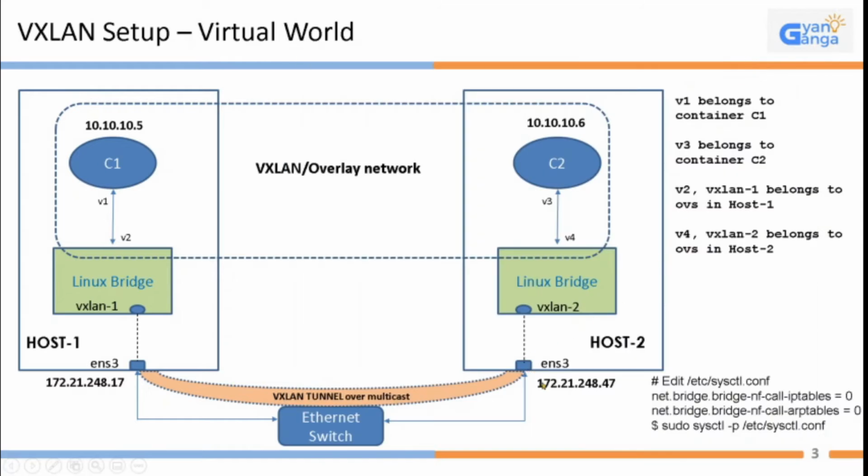We have configured the VXLAN tunnel endpoints. Still, we have not configured the tunnel. The tunnel is not configured. It's only established when the traffic is initiated. We can only configure the tunnel endpoints.